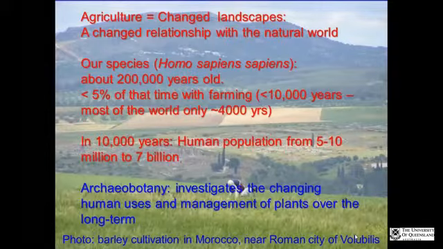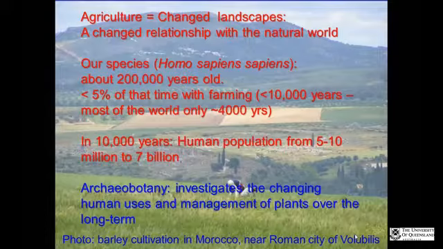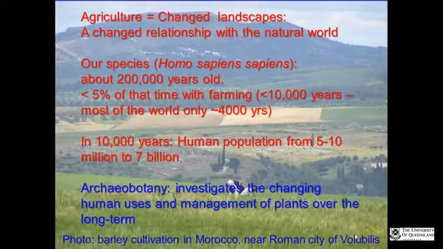Now, if we put that in a geological time scale, estimates of the age of our species, anatomically modern humans, are about 200,000 years, and farming has only been around for, at most, 10 or 11,000 years. So that's less than 5% of our species' history. But for most of the world, it's much more recent than that, more like 4,000 years. And for some continents like Australia, it's even much more recent. So agriculture is a relatively recent innovation, but it's really changed the world.